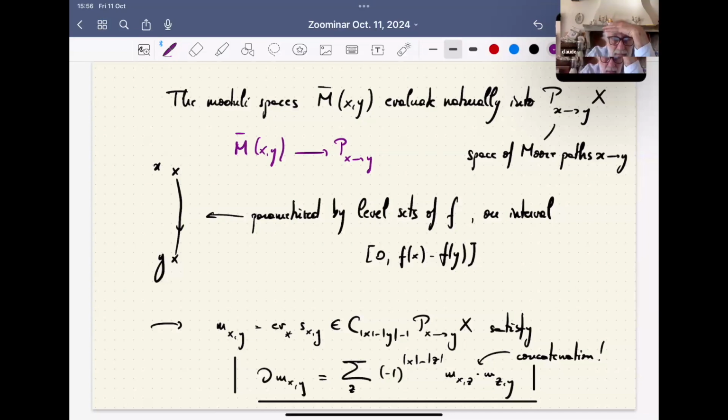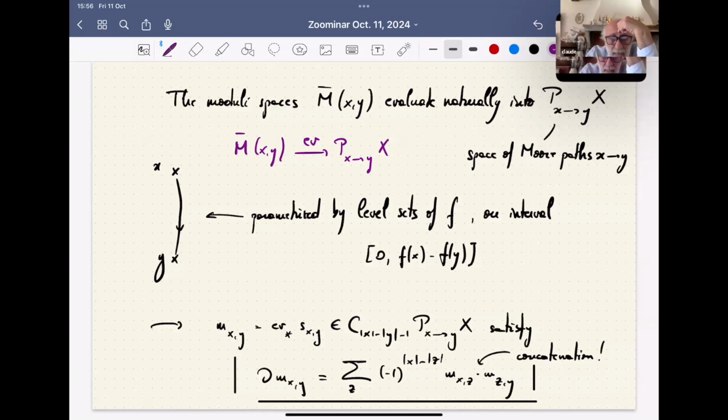Okay, so these are paths. Correct. What I denote by this P is genuinely paths. And I make this little distinction because the MXY is just the moduli space that is there before, and I make the distinction between the moduli space and then its image in the manifold.